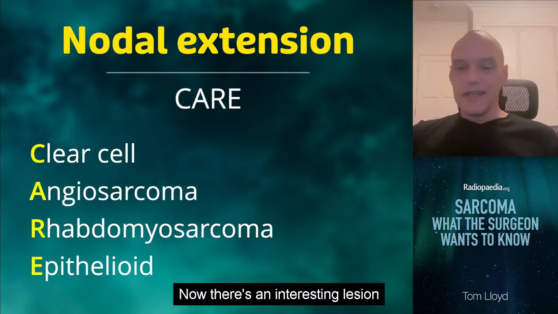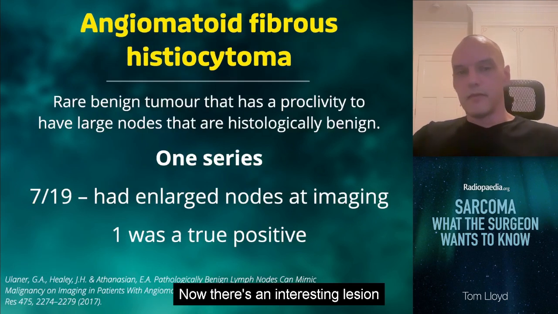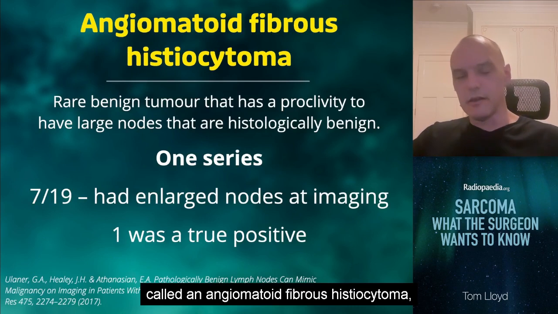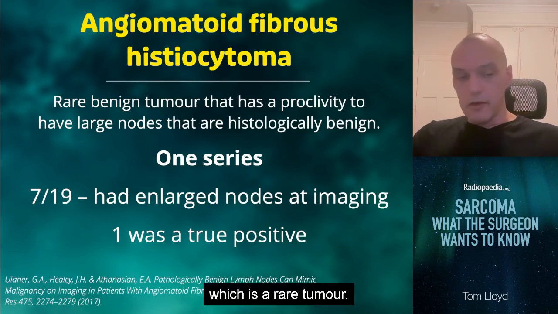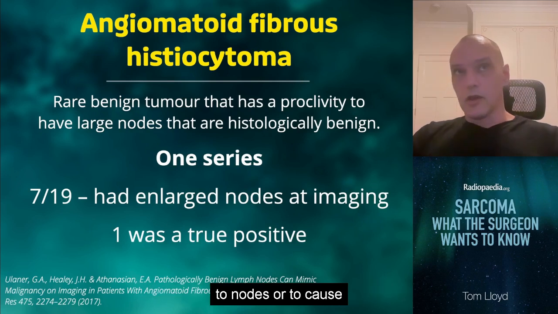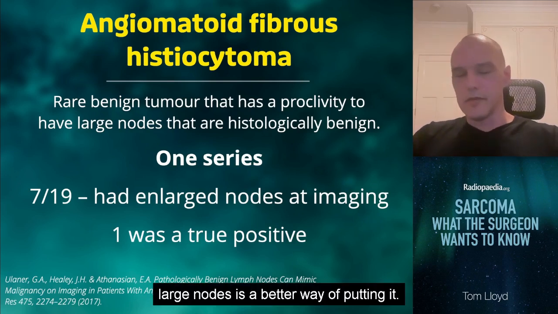Now, there's an interesting lesion called an angiomatoid fibrous histiocytoma, which is a rare tumour. It's benign, but it's got this proclivity to go to nodes, or to cause enlarged nodes is a better way of putting it.